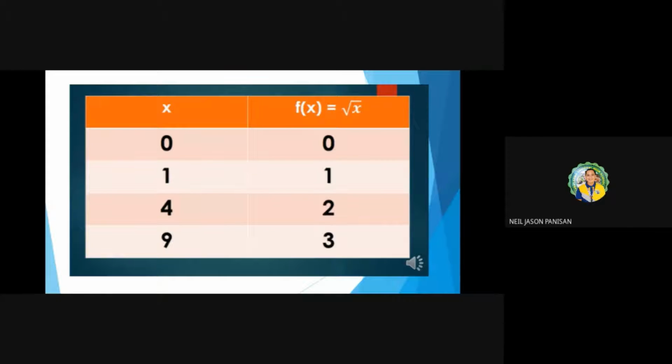The result is 0, since the square root of 0 is 0. And if we have x as 1, then the y value is 1. And if we have 4, the value of y is now 2. And if our x is 9, then our y is 3. So this is now our points.